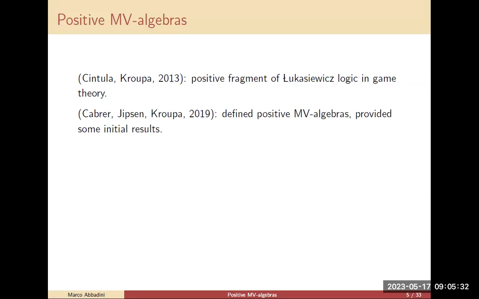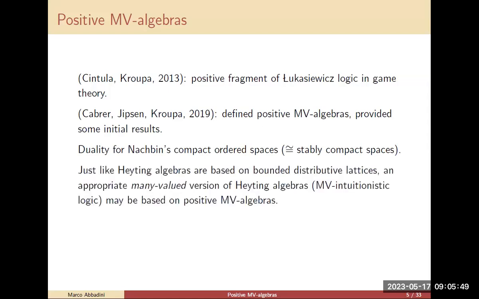And then I got interested in these algebras because they allowed me to obtain a duality for a certain class of topological ordered spaces introduced by Nachbin, which are equivalent to stably compact spaces. And in general, other researchers suggested that Heyting algebras are based on bounded distributive lattices.